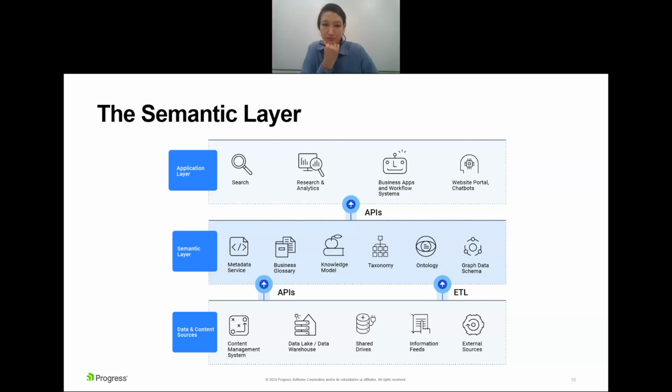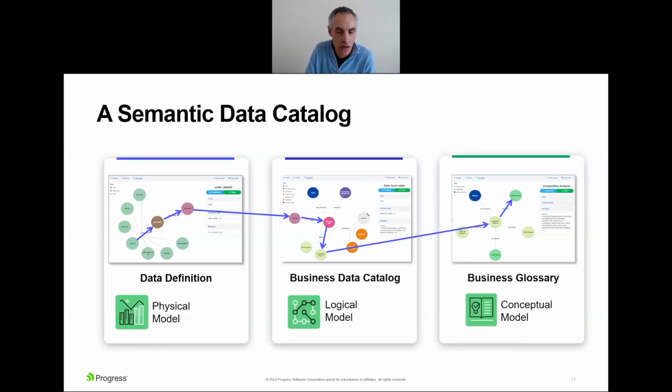Steve, could you speak a little more about the data catalog? So these little screenshots here are views of Progress's Semaphore knowledge model management software. If we start on the right-hand side, you can start off with a conceptual model.